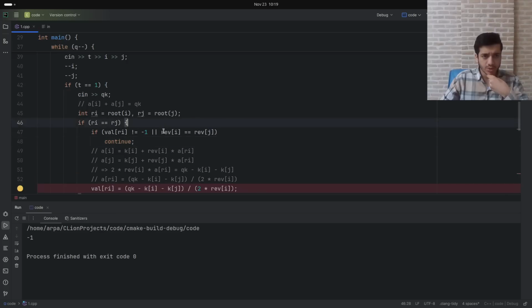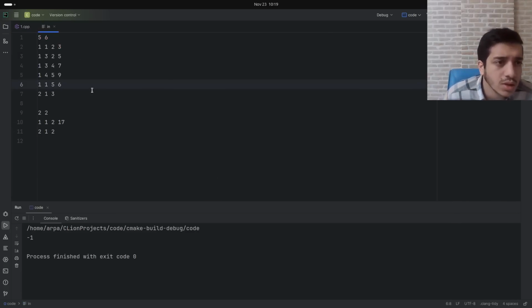Why is it not reaching this? Strange. So let's see. 1, 2, 3, 2, 3, 4, 4, 5, 1, 5. Here it makes a cycle.